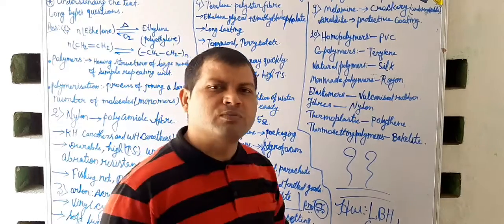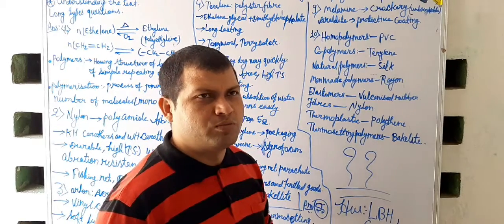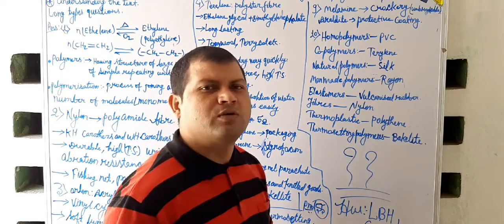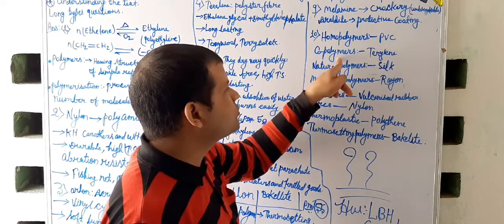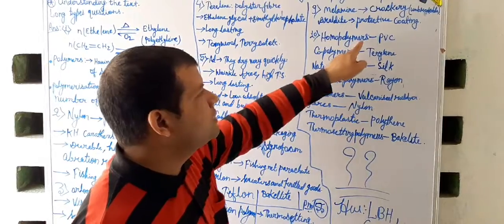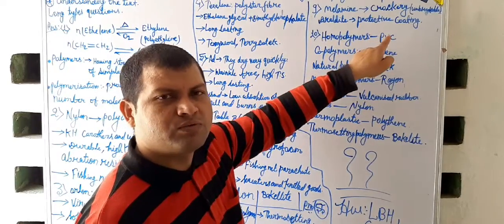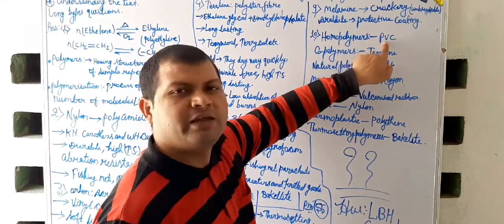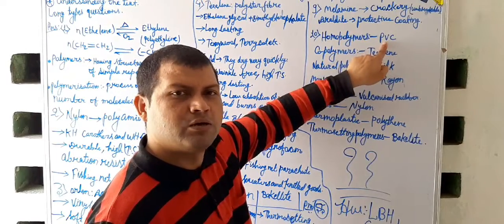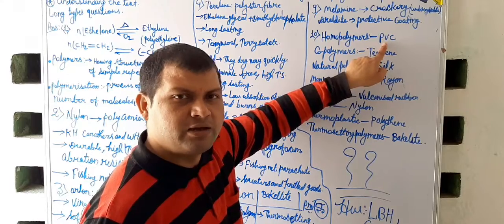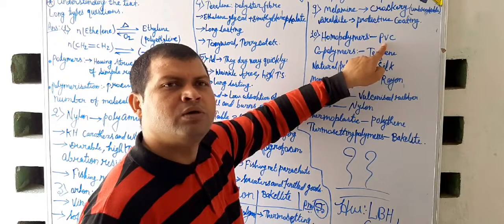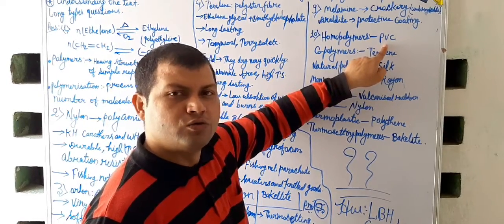On the basis of monomers, there are two types of polymers: homopolymers and copolymers. Examples of homopolymers are polythene and PVC, polyvinyl chloride. PVC is the polymer of vinyl chloride, you know.